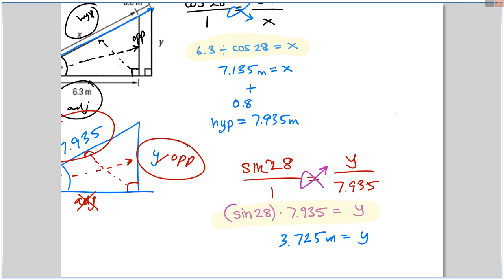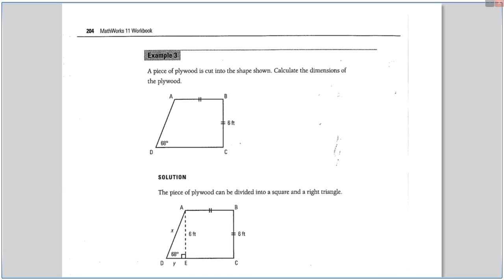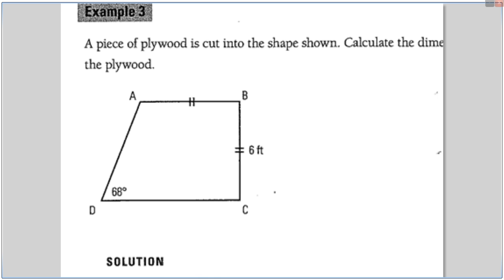Okay, what next? Did you flip the page? So now they're going to do an example for you in the book. You can look ahead into the example. They drew a line.